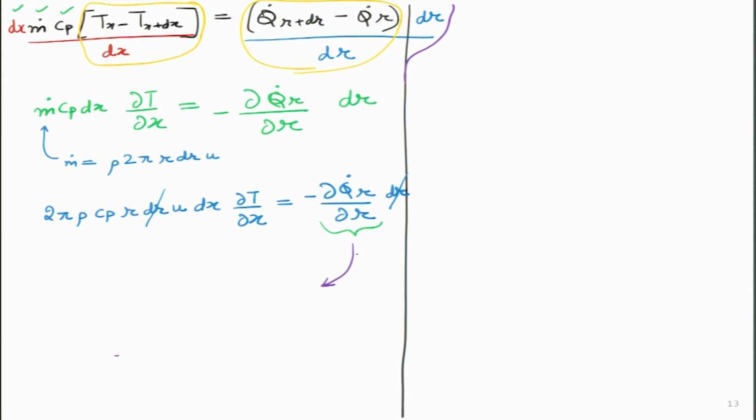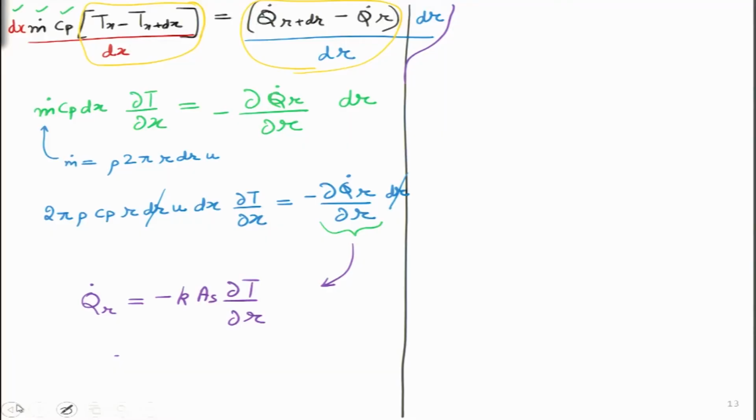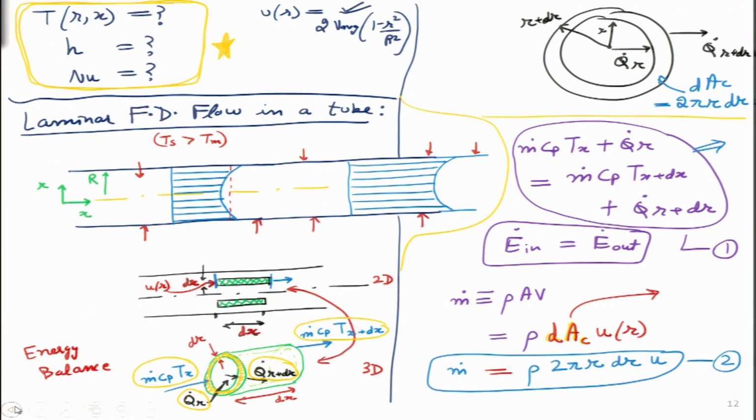So, how can I expand this term over here? If students remember q dot r from our conduction part, we could always write it like this. This is simple Fourier's law in the cylindrical coordinate. So, this is simply minus K A del T by del r, and A over here is the surface area. Which surface area are we talking about? I can go back over here.